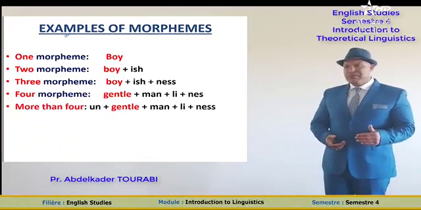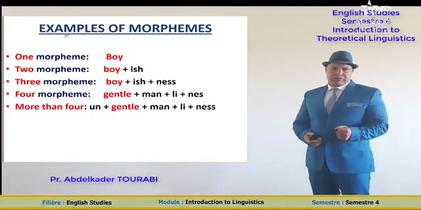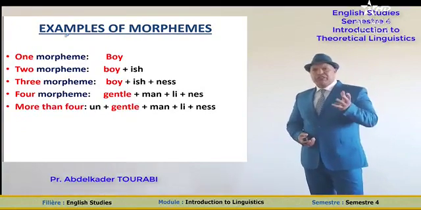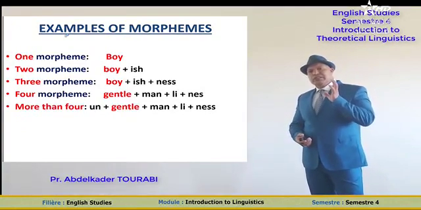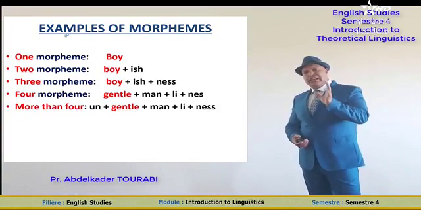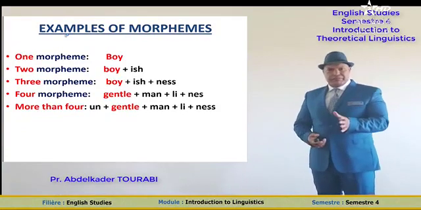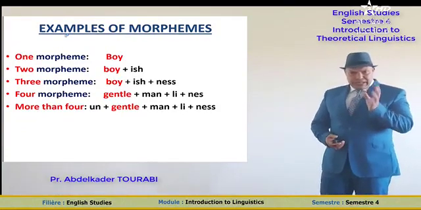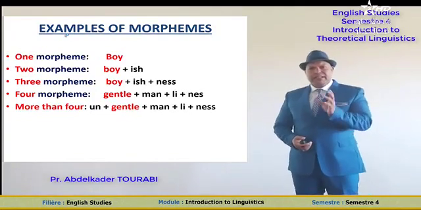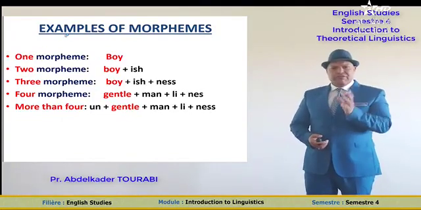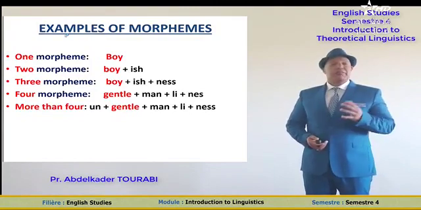But sometimes we can have more morphemes in a single word. For example, we have here ungentlemanliness, which has five morphemes.